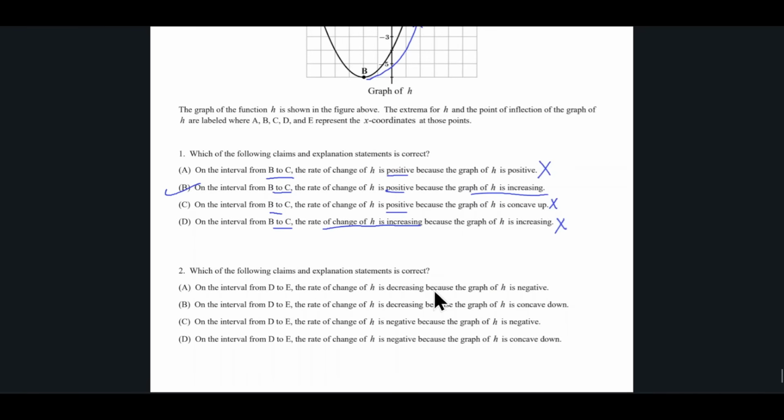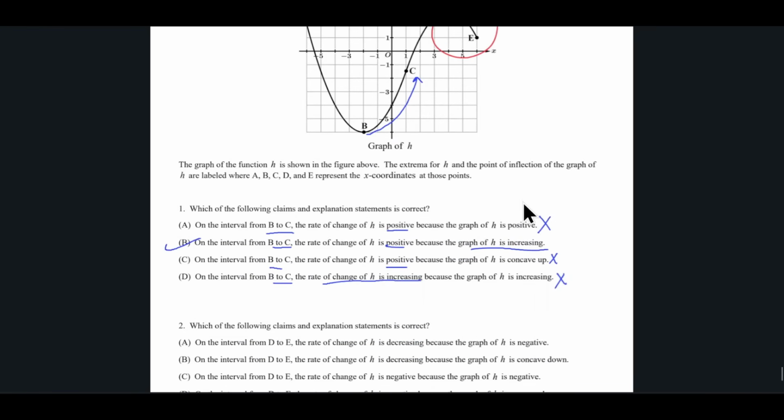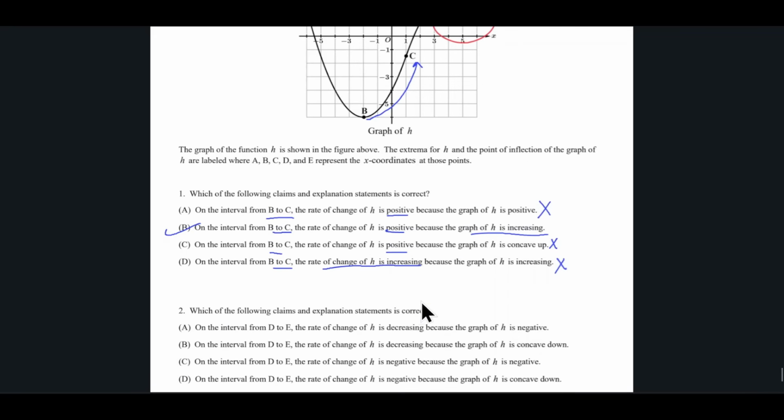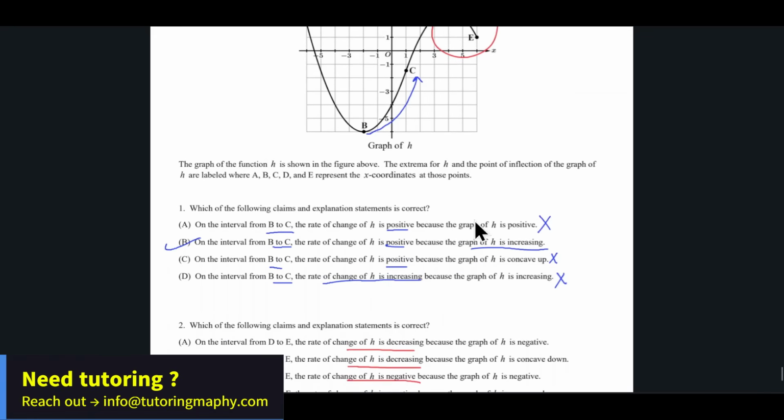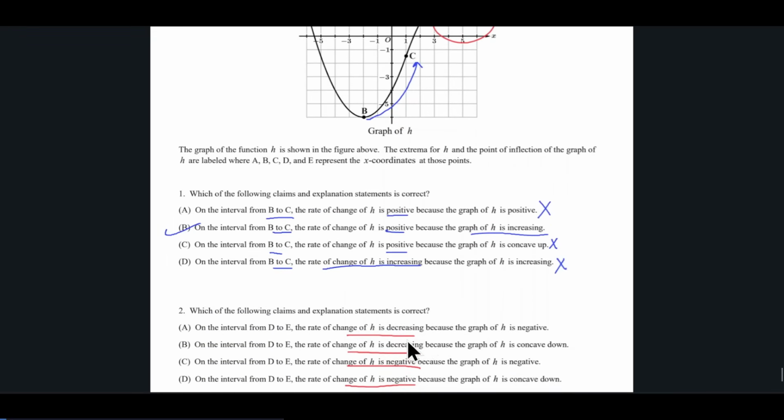And finally, they are asking us to analyze D to E. D to E is right over here. Okay, what are they asking? Is the ROC negative? Okay, ROC is decreasing. Yeah, that makes sense. ROC is negative. That is also factually correct because it is concave down. Let's look at the reason. ROC is decreasing because, sorry, ROC decreasing means they are talking about concavity over here.